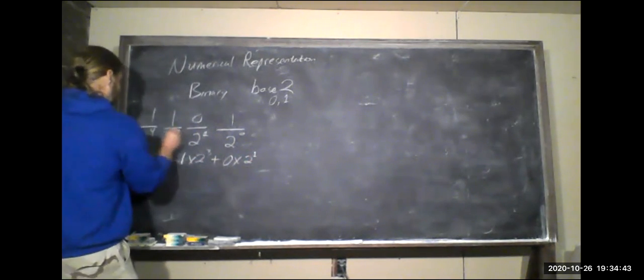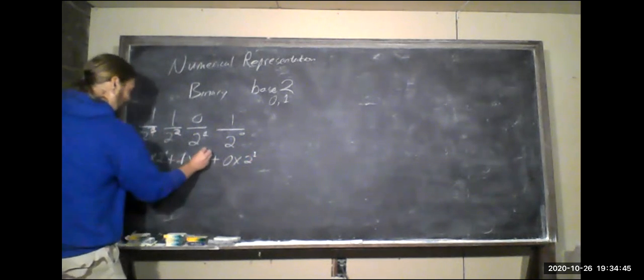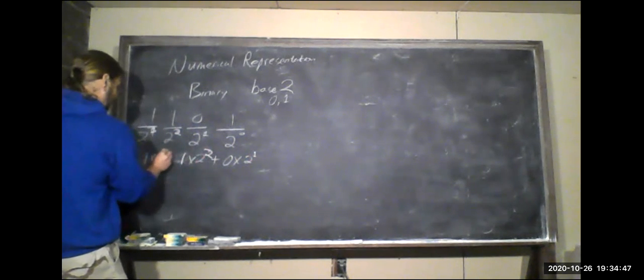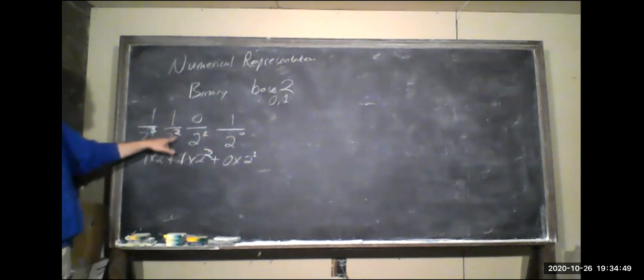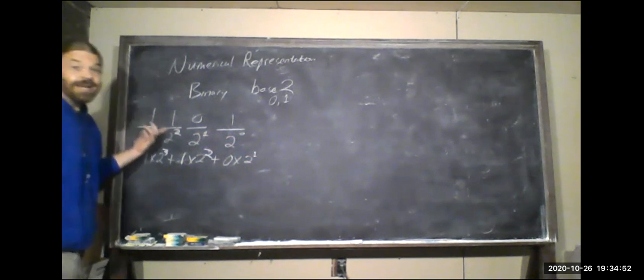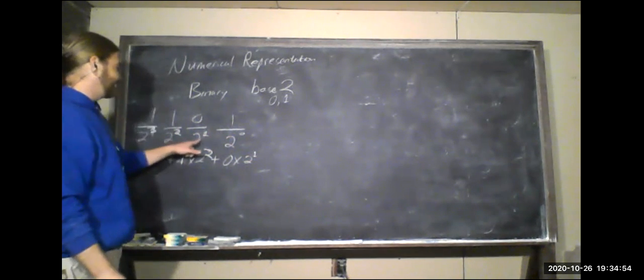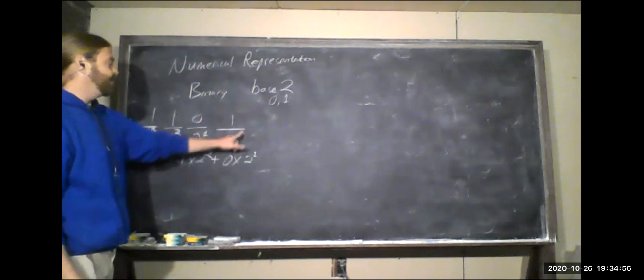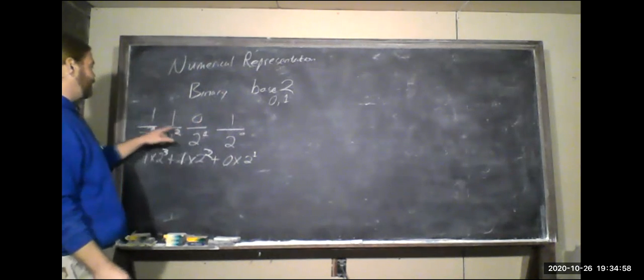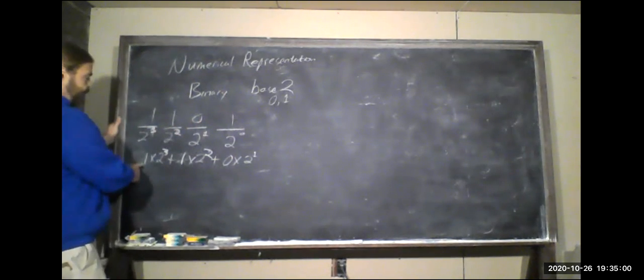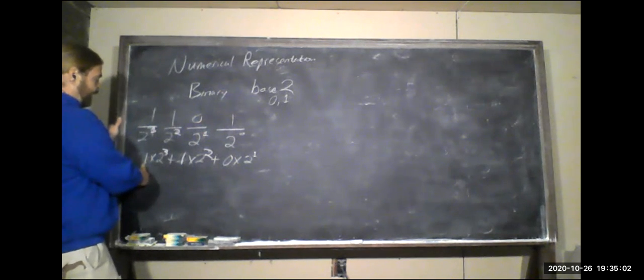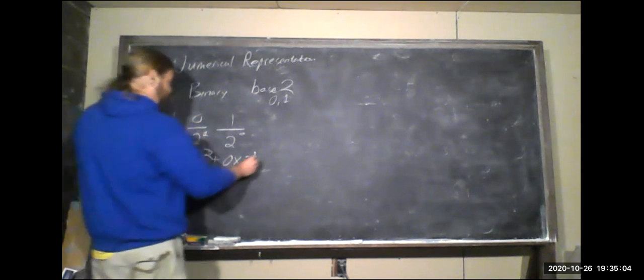Whoops. Somehow I skipped right into the column, just going on 2 to the 0 power, 2 to the first, 2 squared, 2 cubed. 1 or 0.